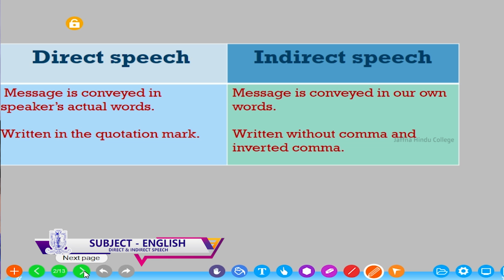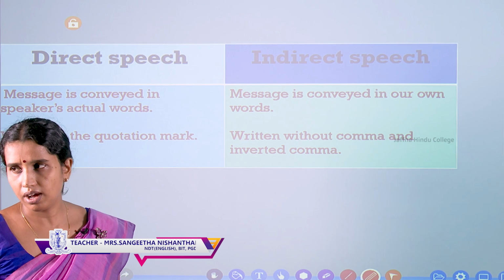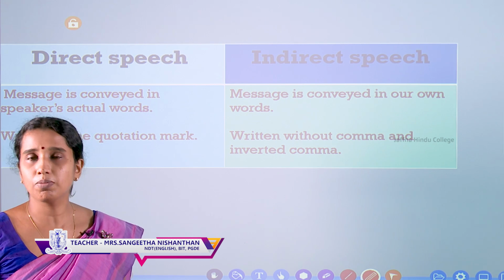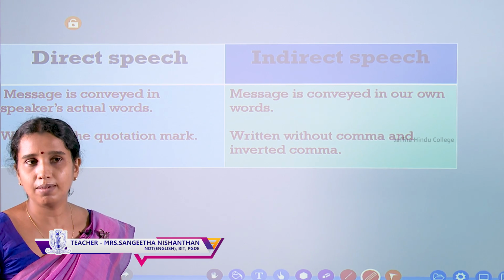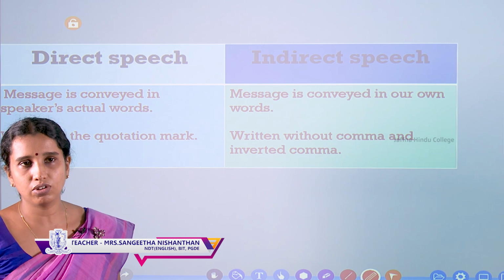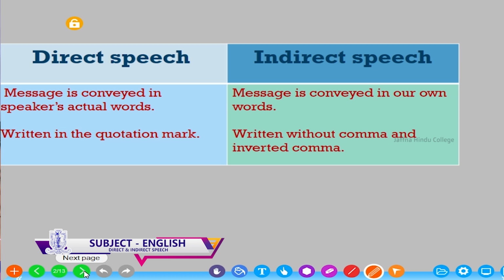In direct speech, the message is conveyed in inverted commas or quotation marks, or we can use speech bubbles also. In the GCE O level examination, they use speech bubbles to show the direct messages. In a role play or in dialogue form, we use direct speech to convey a message. Right?